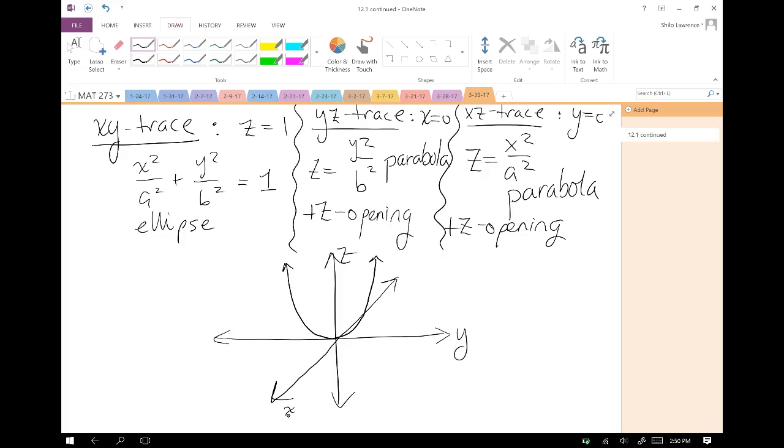And in that plane, which cuts into the board, we have another parabola opening in the positive Z direction. So that one's like starting out at us and cutting into the board.